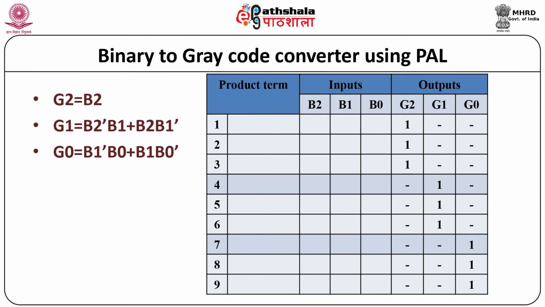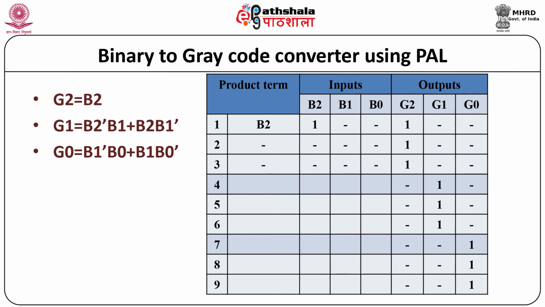For the given PAL, output matrix is hardwired. There are 3 product terms per function. Hence, G2 is 1 for 3 product terms and dash is written for G1, G0 for absent terms. Similarly, G1 and G0 receive input from 3 product terms each.